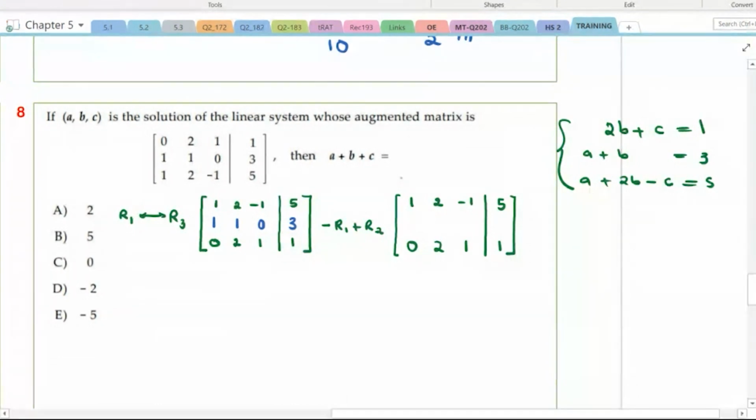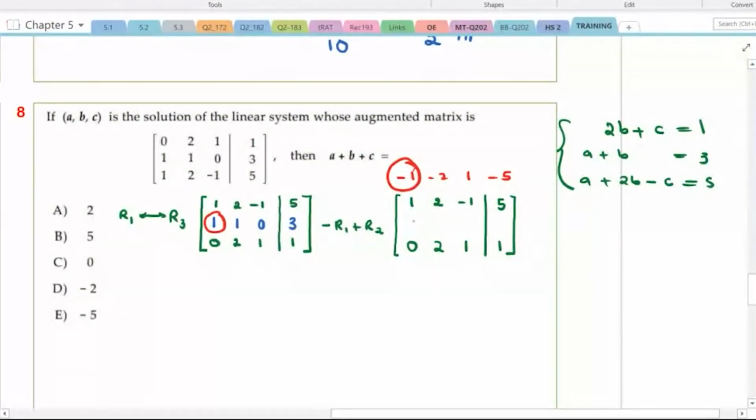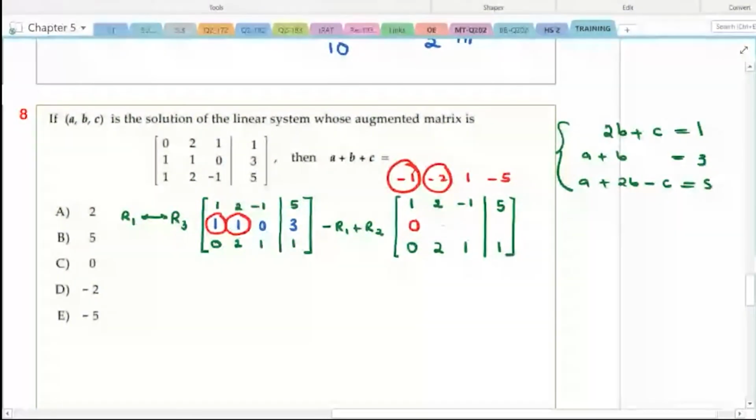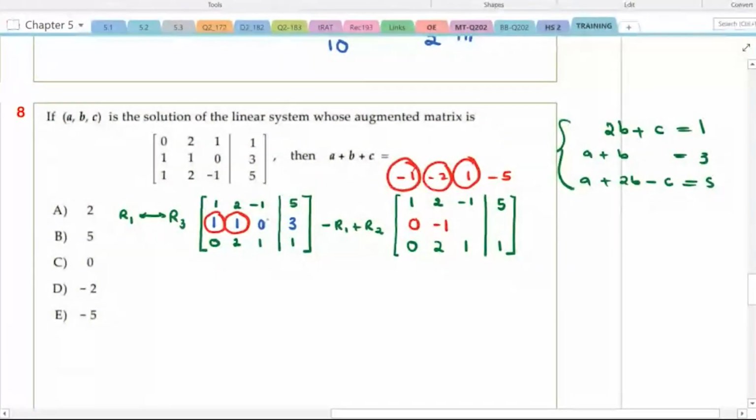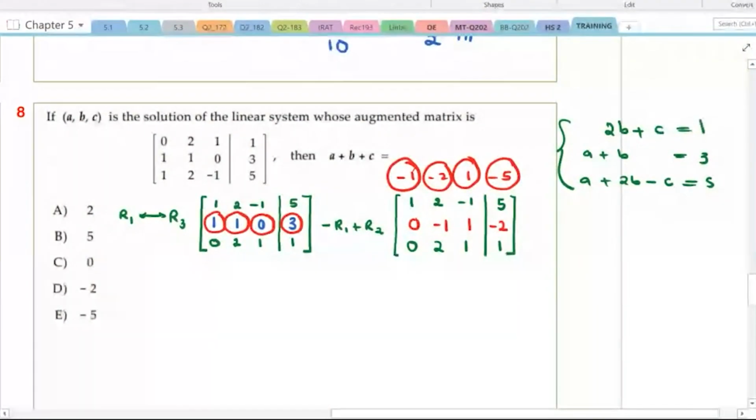If I multiply by minus 1, we get minus 1, minus 2, 1, and minus 5. Now add this one here with this guy, you are going to get 0. Add this one and this one together, you get minus 1. Add this one and this one together, you get 1. Add this one and this one together, you get negative 2.